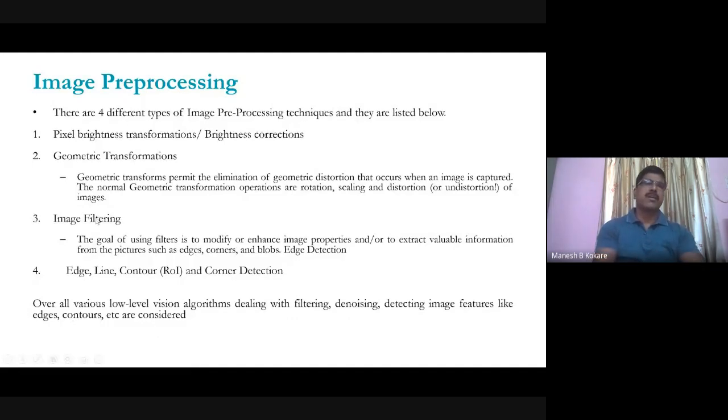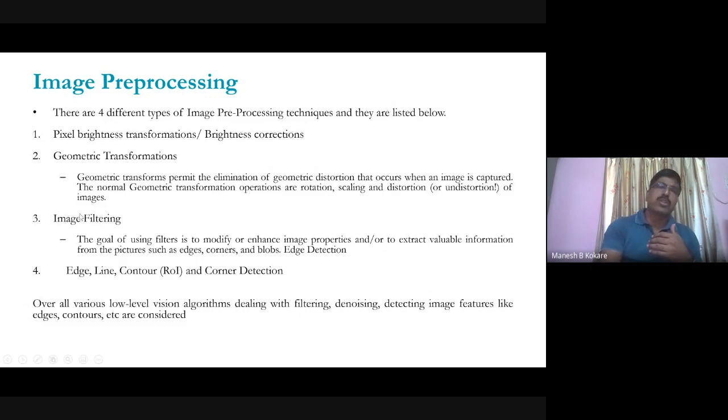Another technique is geometric transformation. As I told you, this permits the elimination of geometric distortion that occurs when an image is captured. The normal geometric transformation operations address cases where the image is rotated, scaled, or distorted, and so on. You have to remove all those things by using geometric transformation, so that is also considered low-level computer vision.